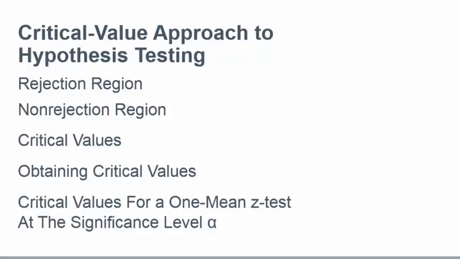Step 3: compute the value of the test statistic. Step 4: determine the critical values. Step 5: if the value of the test statistic falls in the rejection region, reject H sub 0. Otherwise, do not reject H sub 0. Step 6: interpret the results of the hypothesis test.